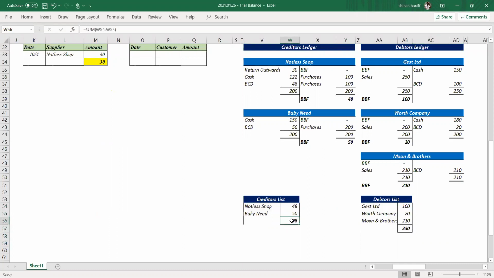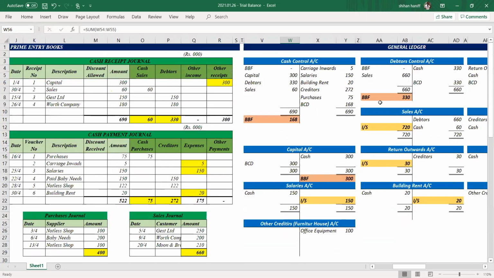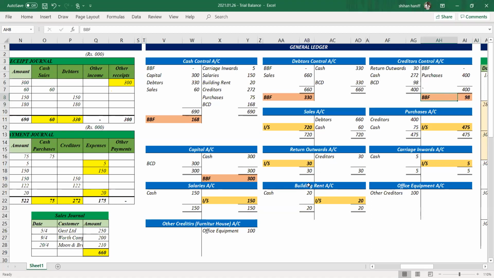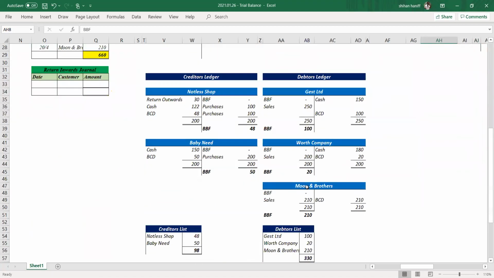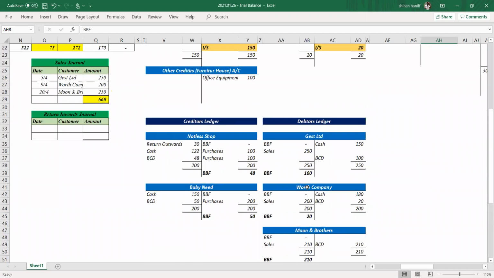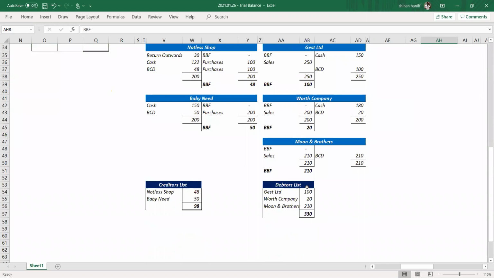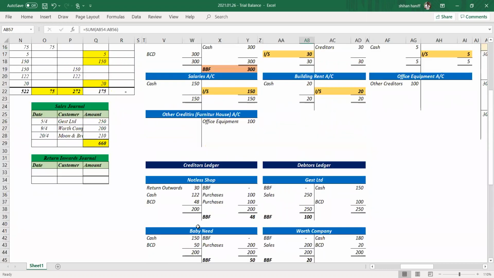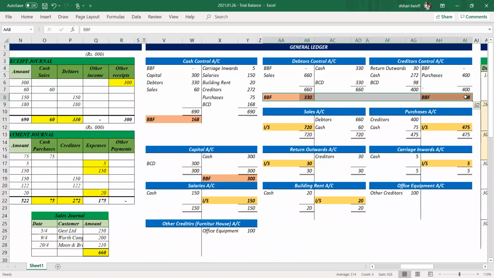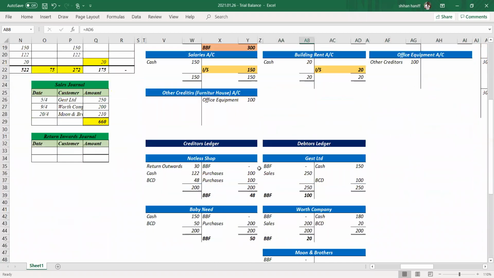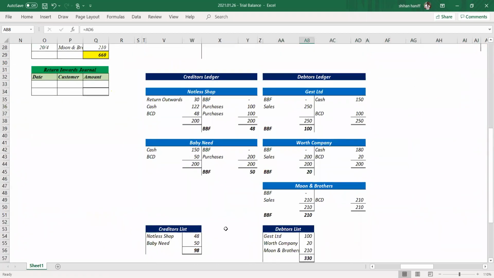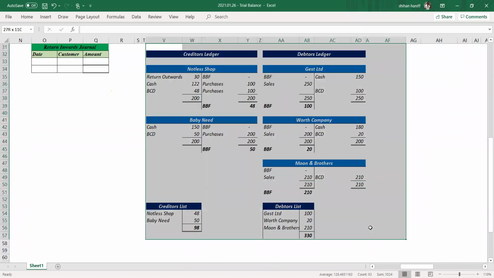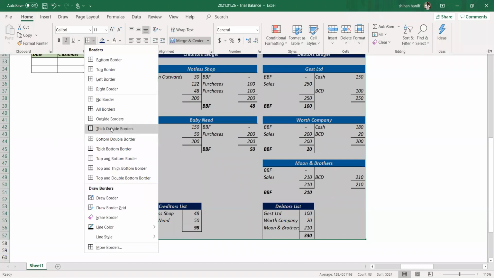So creditors list total should be 98. So if you check the creditors control account, 98 and 330. So here you can see 98 creditors, 330 debtors. Okay, so this is how you prepare the sub ledger.